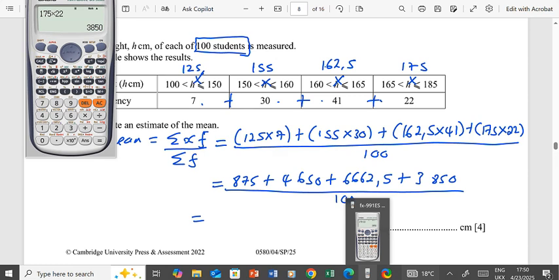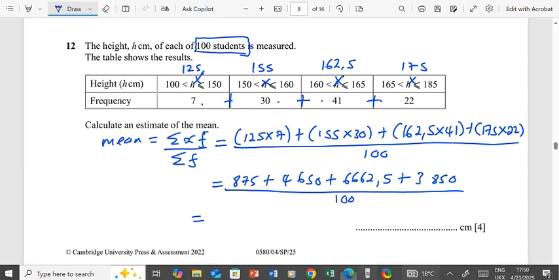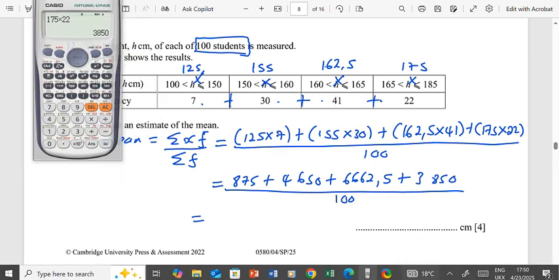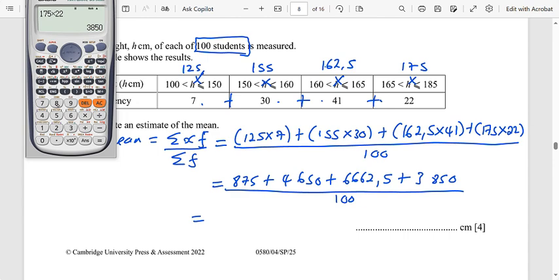So on the numerator, we're going to have 875 plus 4,650 plus 6,662.5 plus 3,850.